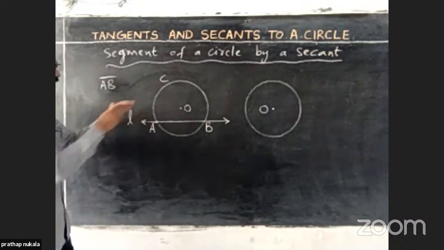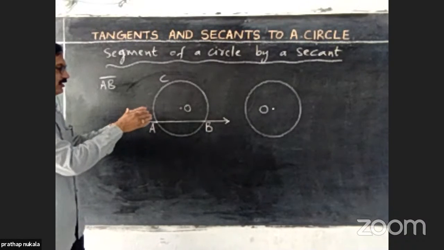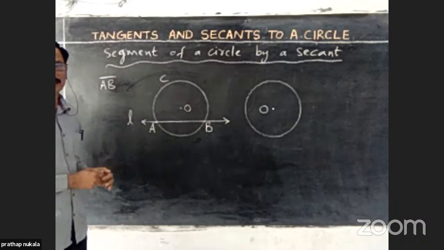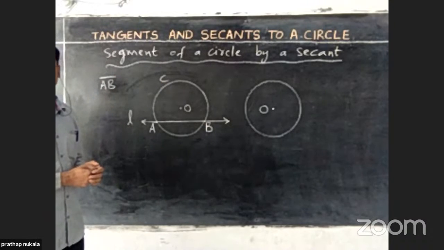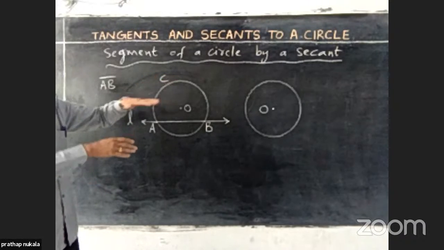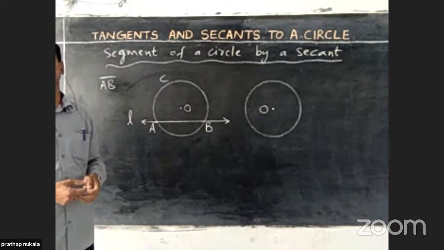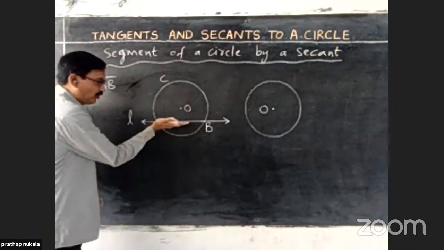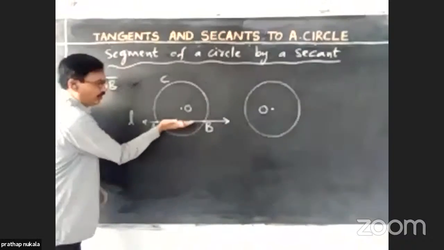What is happening if a line intersects a circle? Then what happens? The circle is divided into two parts. This is one part, the lower part.